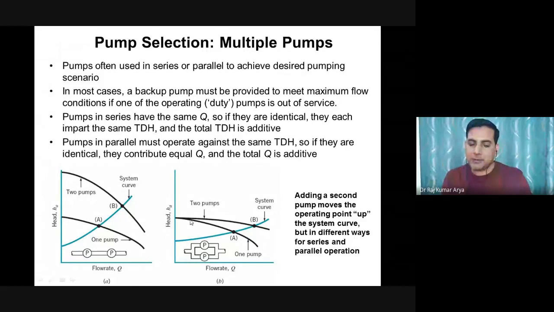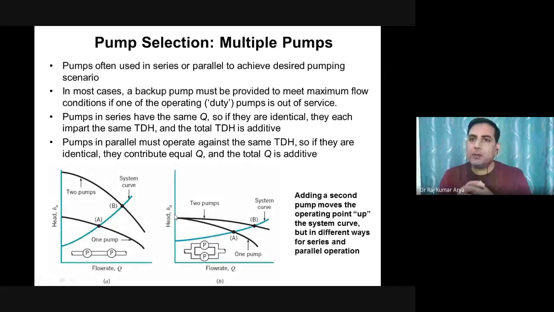In case of parallel, you have this parallel combination. In a parallel combination, each pump may have a different head. By chance, if you have pumps of the same make, same model, same capacity, the head delivered by both pumps would be the same. Let's say this is the same here. Only your flow rate would be added, because if you have the same capacity, the flow rate would become Q1 plus Q2.